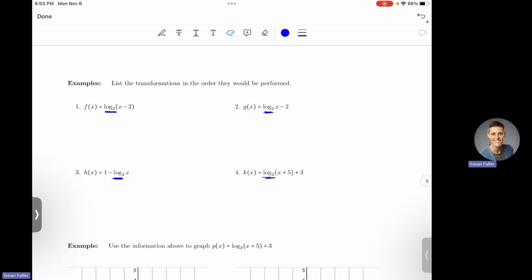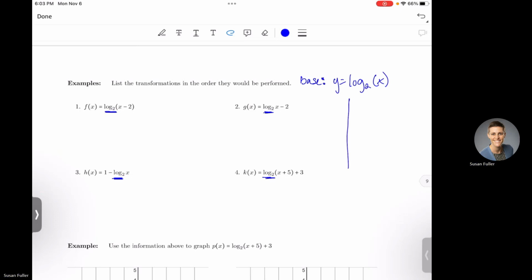And all of these functions are based on the function that's going to create the shape of this graph, y equals log base 2 of x. This is going to give us the shape of our graph.